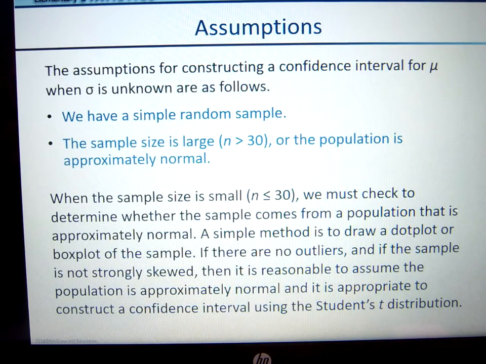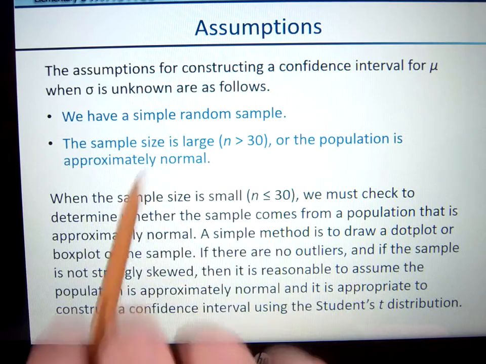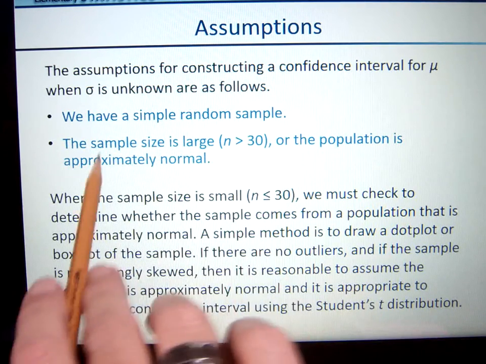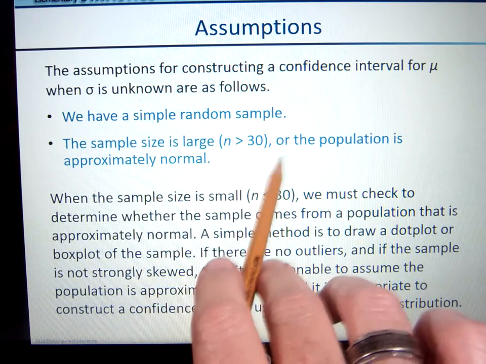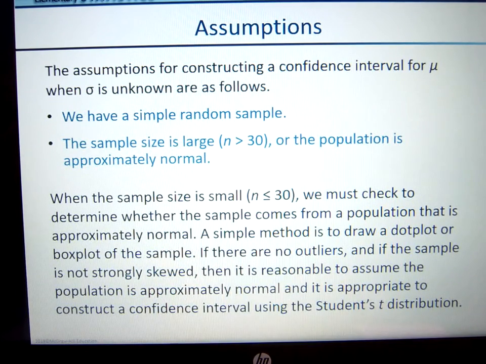So the assumptions for constructing a confidence interval for mu when the standard deviation is unknown: you have to have a simple random sample, and the sample size is large, n is greater than 30, or the population is approximately normal. So when the sample size is small, we have to check to see whether or not it is approximately normal.